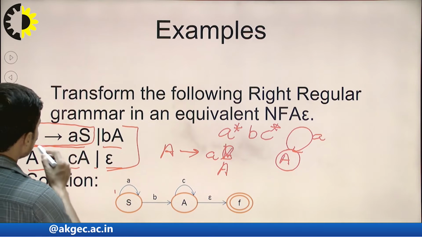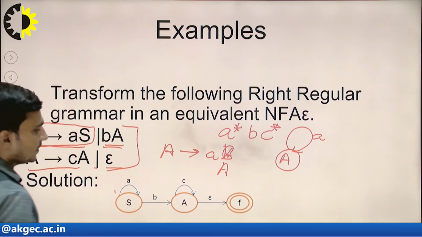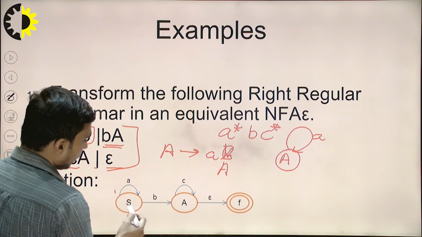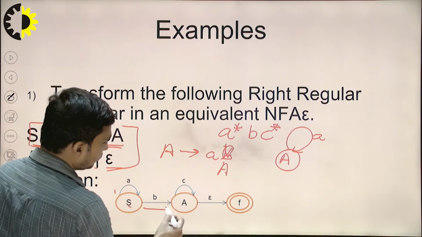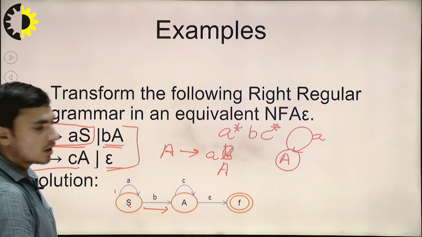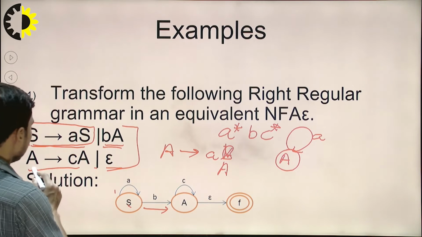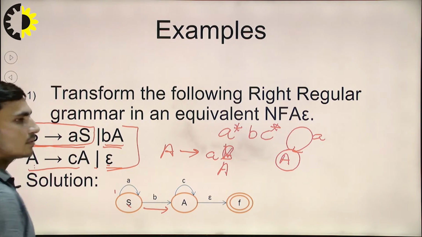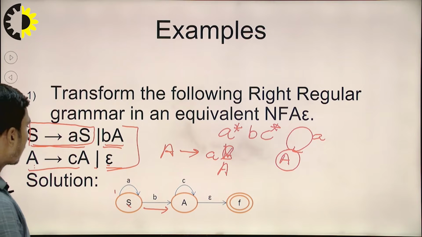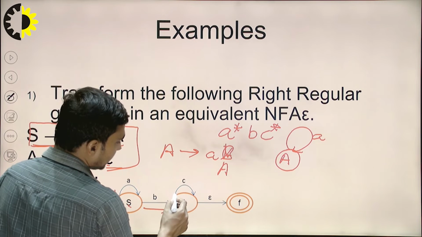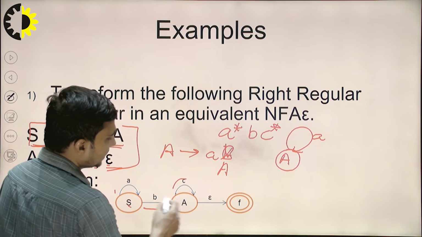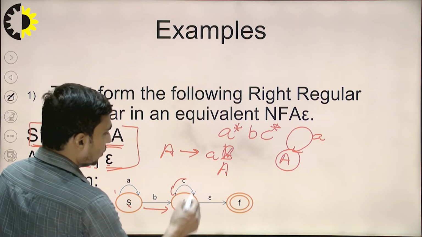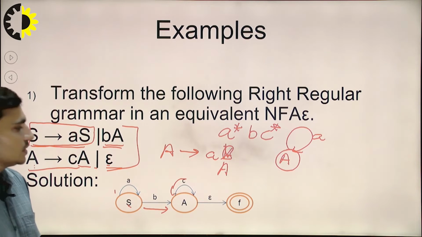Then the second production rule, where S produces small b A. By reading input b on state S, we will reach state A. Now, at state A, we will have 2 more transitions. The first, A produces cA: reading input c, the next state will be A itself, so it will be a loop on A with input c.